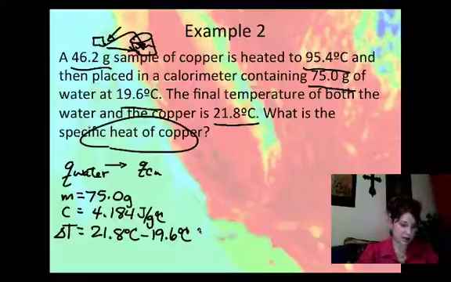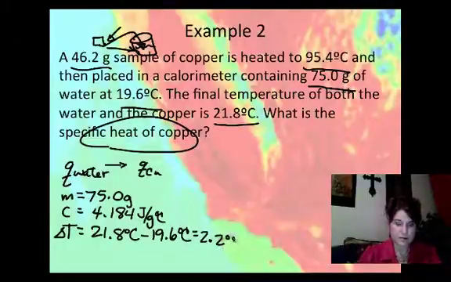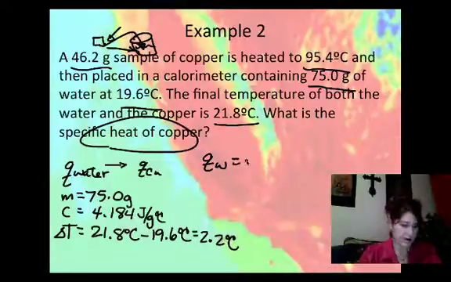Let me go ahead and calculate that out. So 21.8 minus 19.6, 2.2. Now let's find the heat of the water.